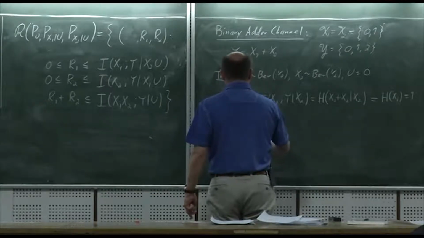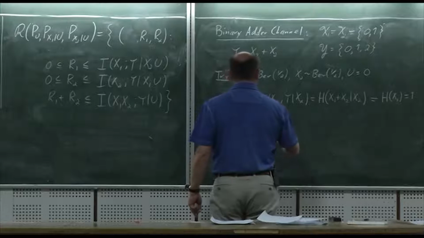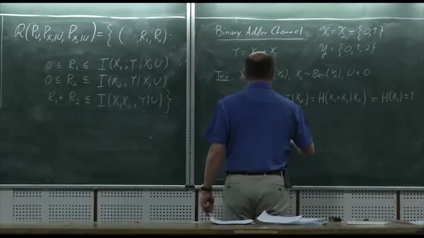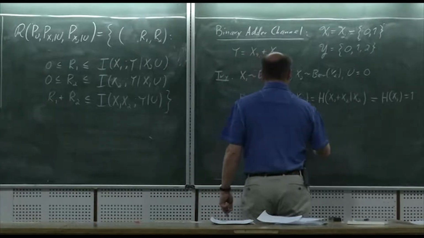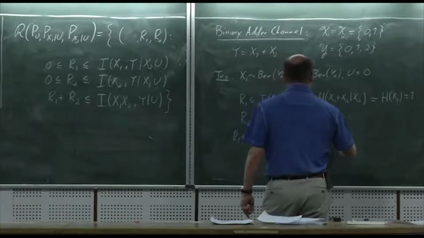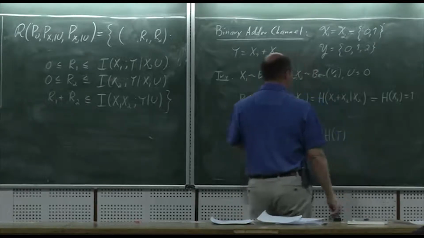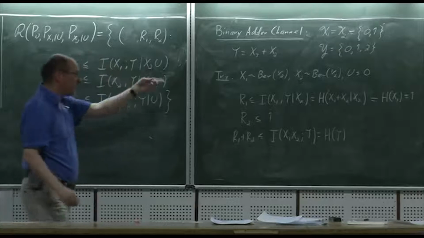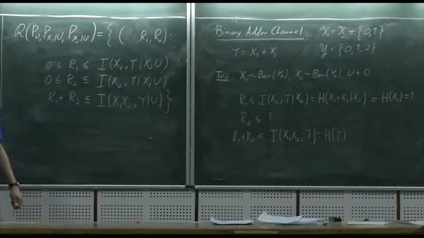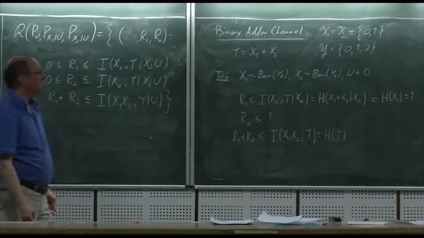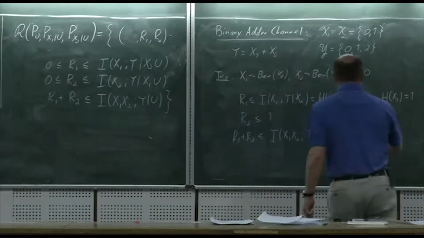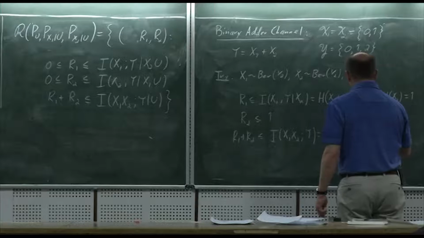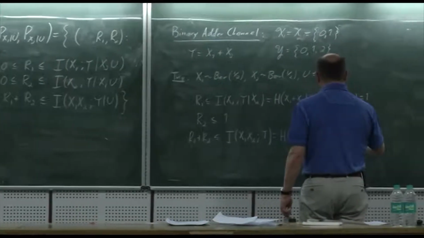R1 plus R2 is a little bit more interesting because this is less than or equal to I of x1, x2; y, which equals H of y minus 0. So what's the entropy of y now if both are Bernoulli 1/2? Well, we get 3 values for y, right? So this is just going to be the summation from y equals 0 to 2 of minus p log p.